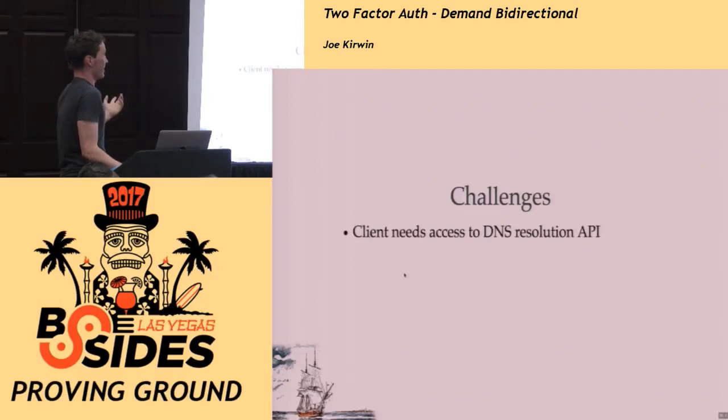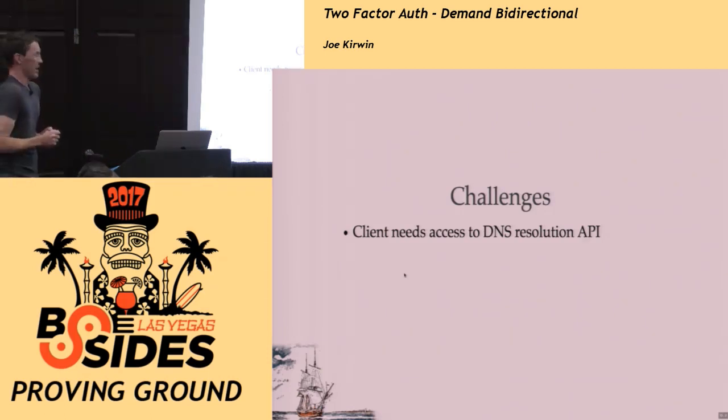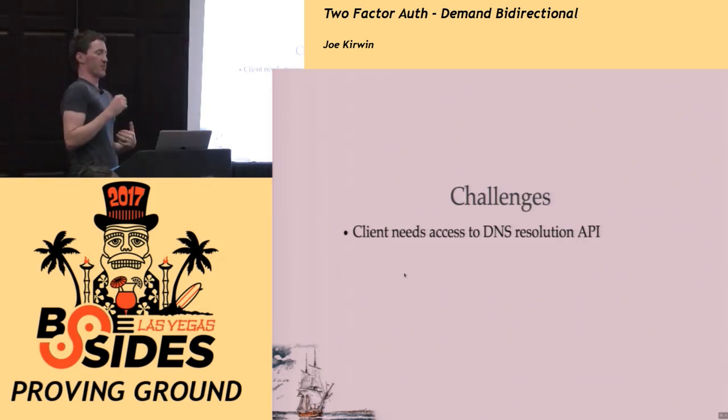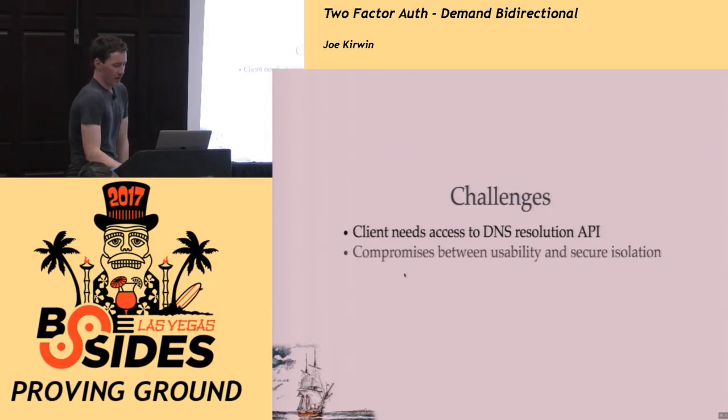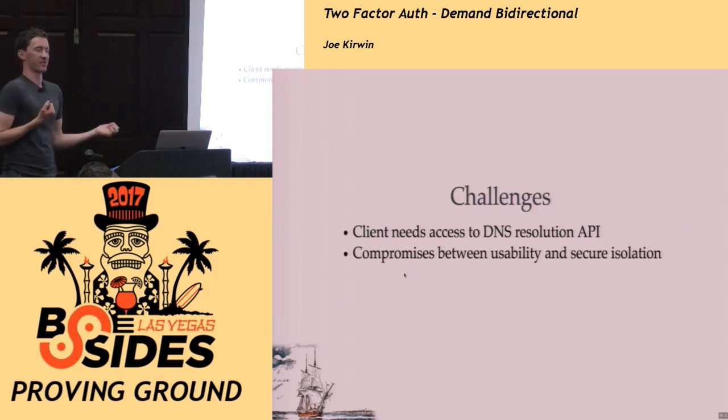Challenges are that the client needs access to a DNS resolution API. When I say client, I'm talking about browser extensions, mobile devices, etc. These things are coming from a user developer standpoint, but they're not available everywhere, and they're not available in the mainline. You've got to be in a canary release, dev release, beta, etc. We have compromises between usability and secure isolation.